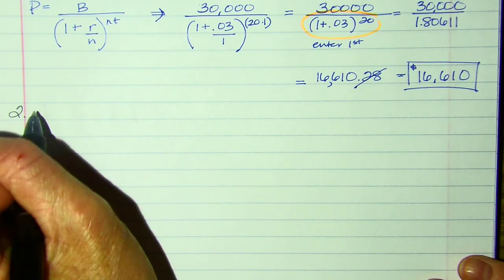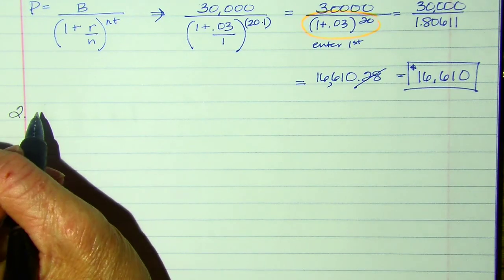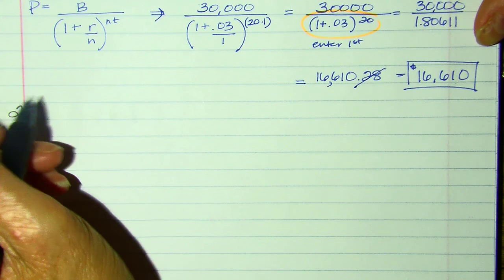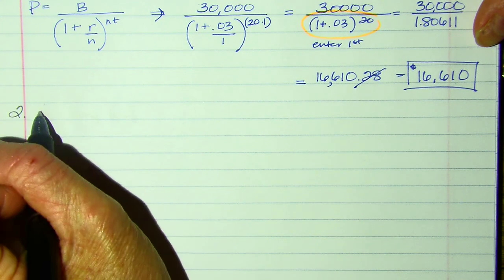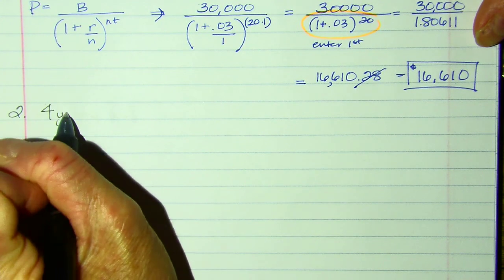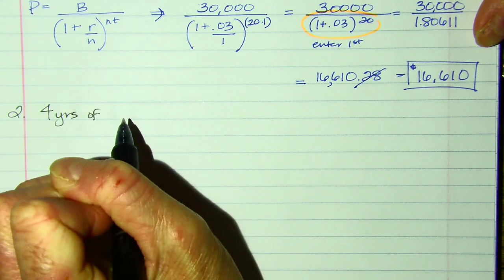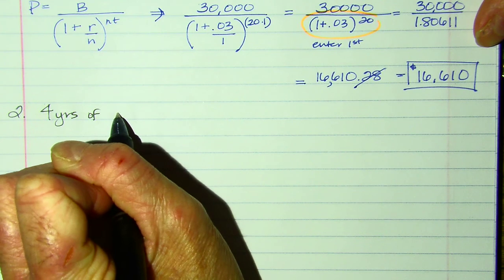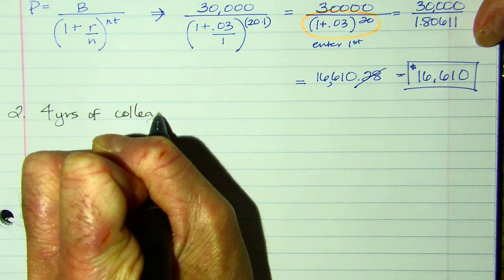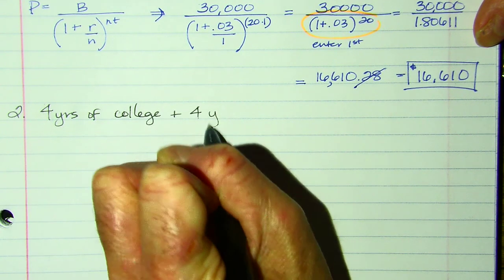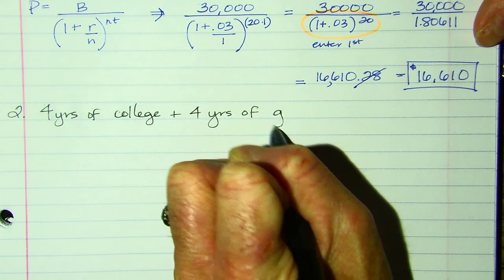Okay, so let's say someone's going to be attending 4 years of college plus 4 years of graduate school.